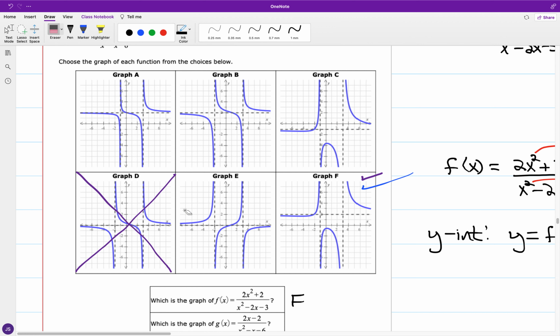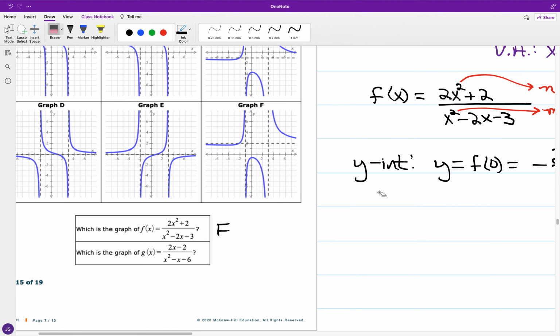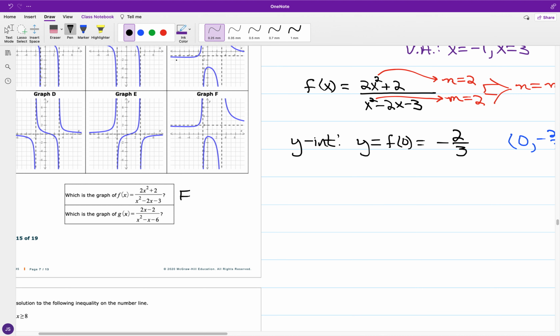All right, and in the case of what we have for g of x, okay, this time we have g of x, we have 2x minus 2 all over x squared minus x minus 6. And just looking at identifying the asymptotes. Okay, on the side of whether we have vertical asymptotes, I'll go ahead and factor what I have here.